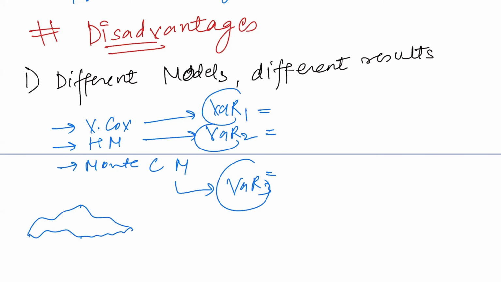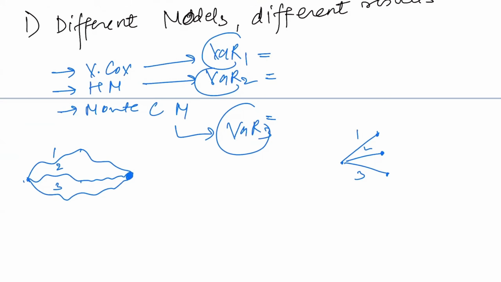But in the end, you get the same results, right? So these can be method one, method two, method three, but you should get the same result. But what happens with VaR, because there are three different methods, is that it gives three different value at risk numbers. So this is the first limitation of VaR.